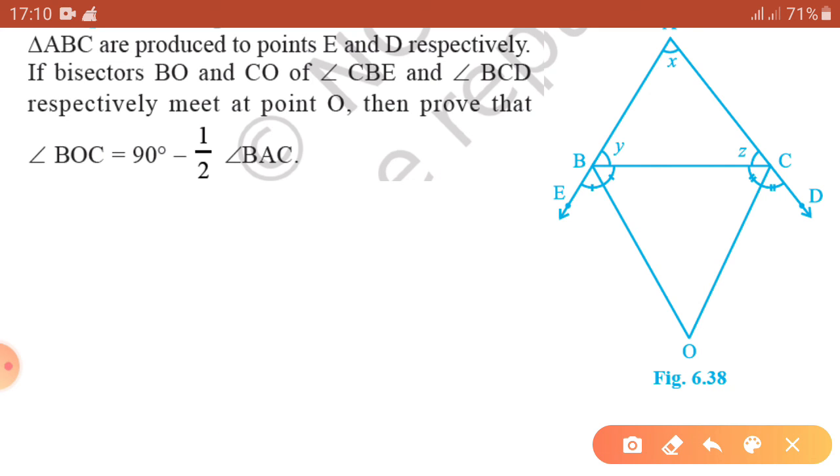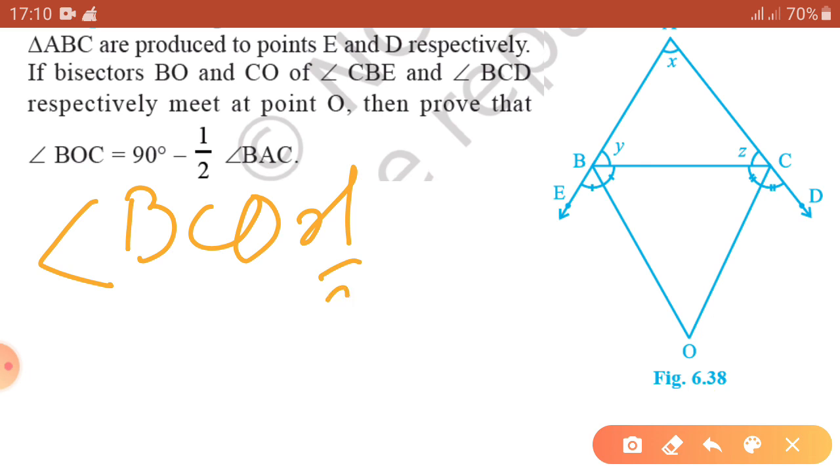Similarly, ray CO is the bisector of angle BCD, so you can write that angle BCO is half of angle BCD.